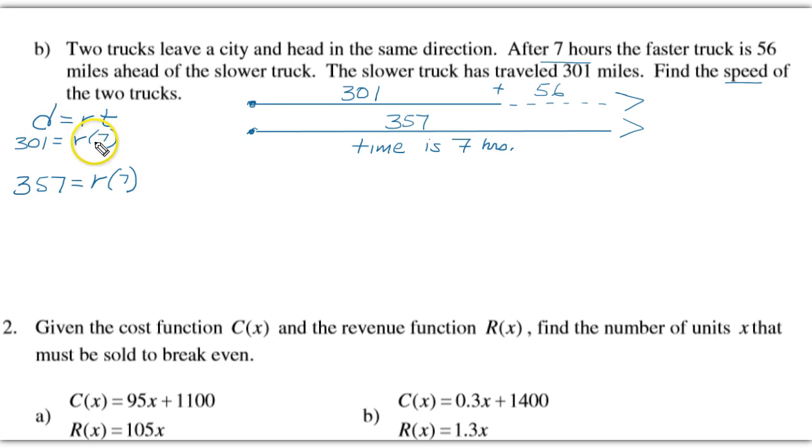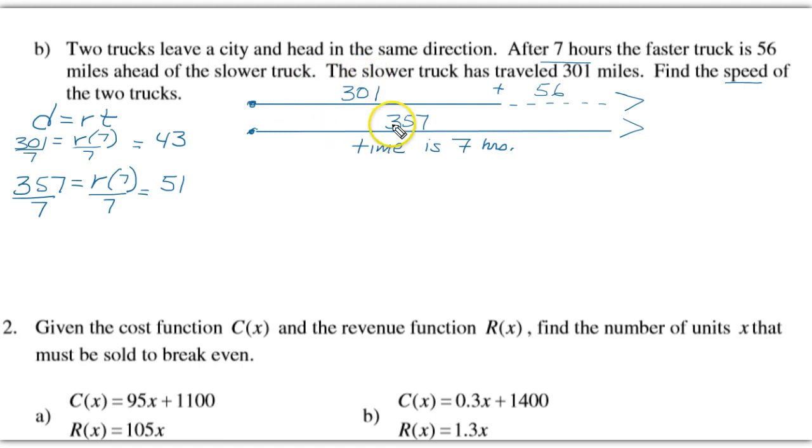So if we just divide both sides by 7 here, that will give us the rates. So 7 into 301 is 43, and 7 into 357 is 51.